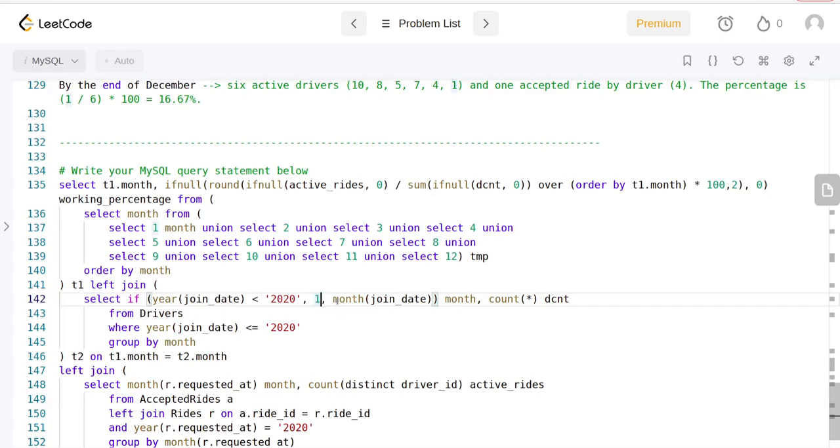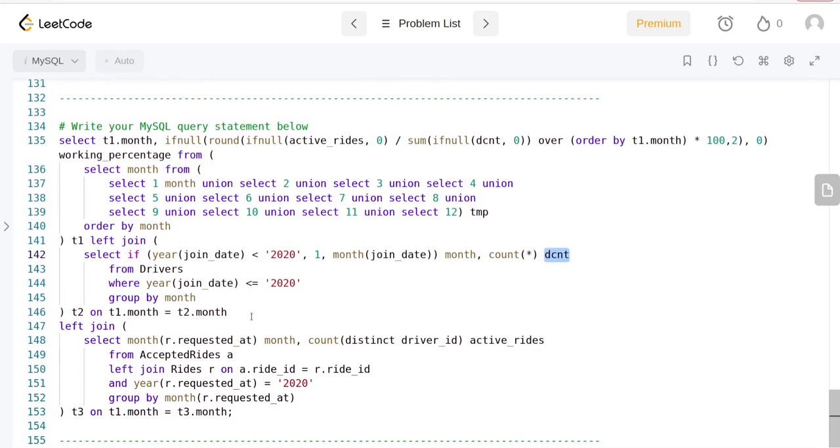Otherwise, we calculate the month and put it as DCNT, the drivers count, which is how many drivers we have.